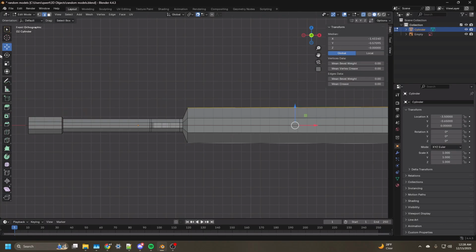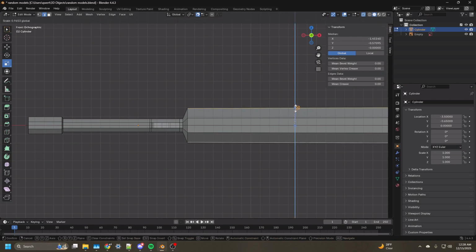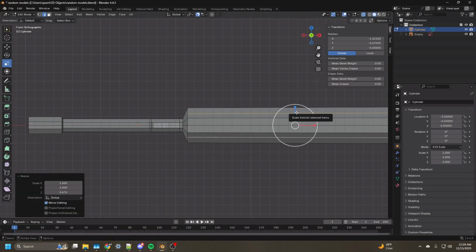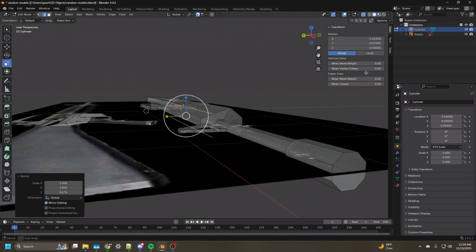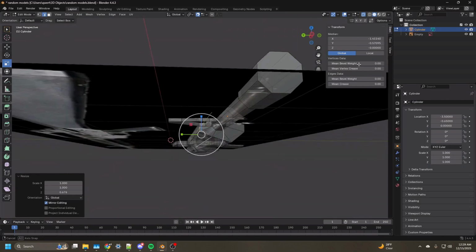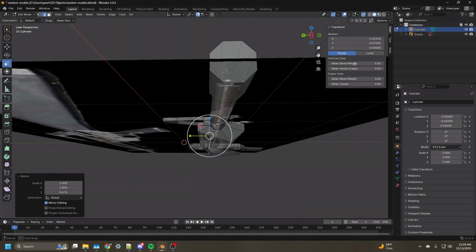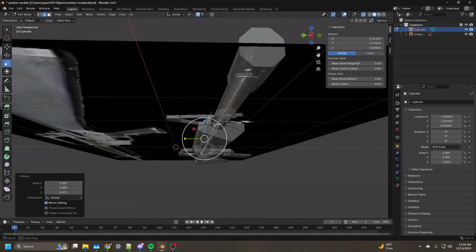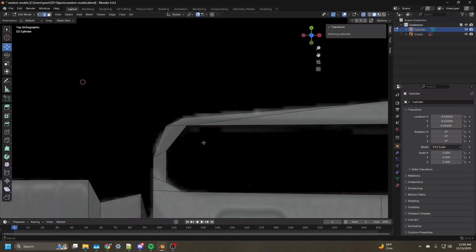Hold up. Let me just quickly, no, rotate. Scale. Yeah. Scale that by about half. Yeah, why does it need to be divided there?